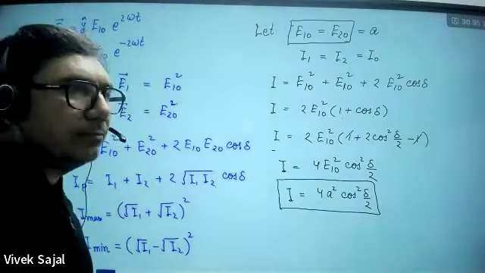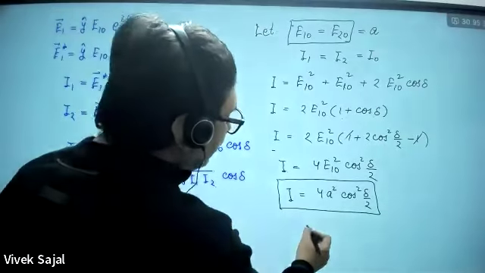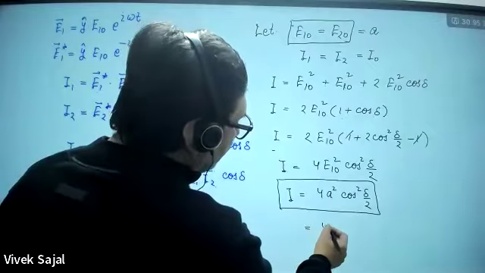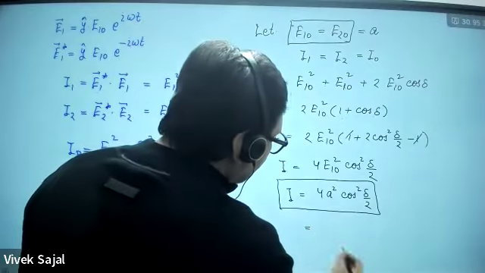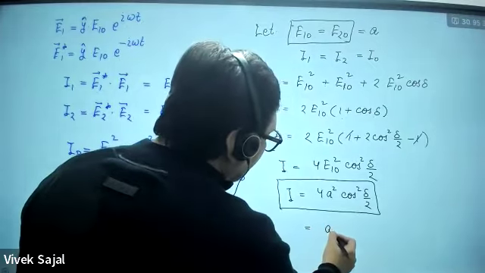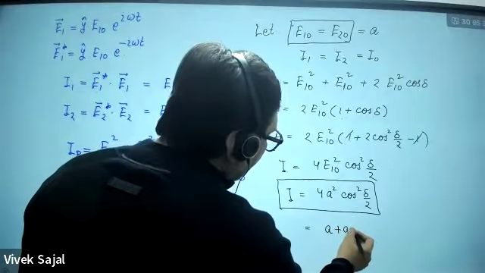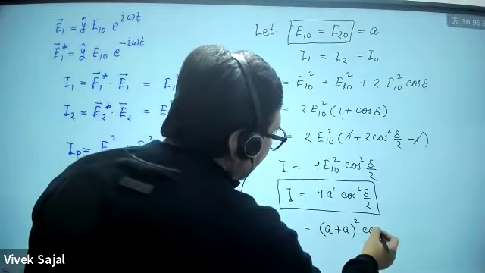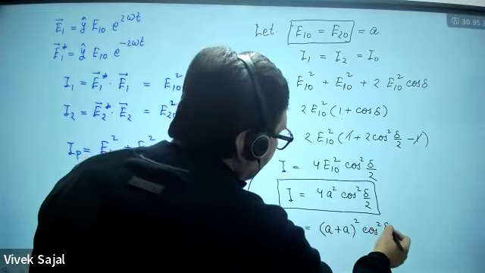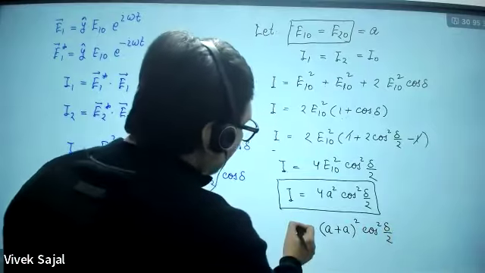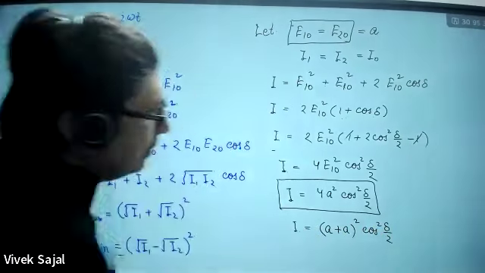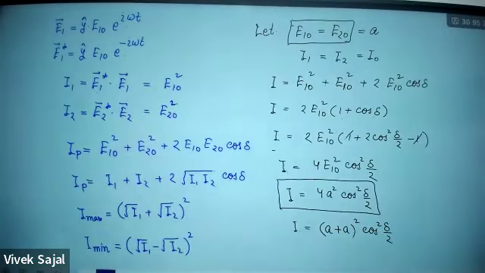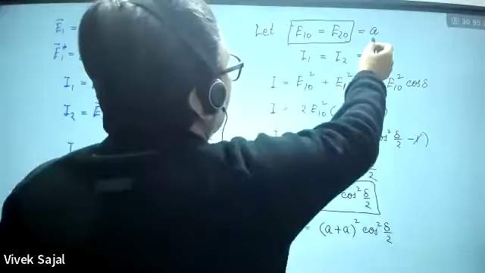This is the formula of intensity when the amplitudes of the light emerging from S1 and S2 are exactly equal. Now what is this 4a square? You can write a plus a, that is 2a, and whole square of this, times cos square delta by 2. So what is a plus a? You are saying amplitude is the same.